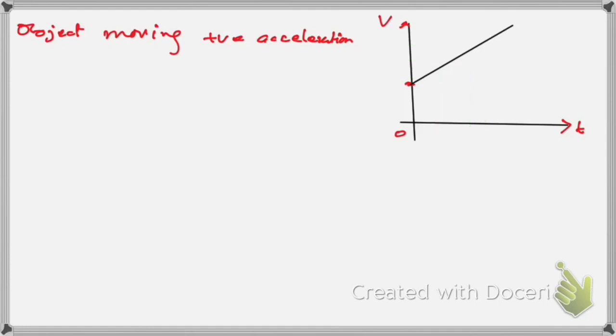If it is negative acceleration, that means retardation, then the graph is going to be something like this. This is the time axis, this is the velocity, and the velocity is going to be decreasing, so the graph is going to be like this, right? Now let us consider one more kind of motion.